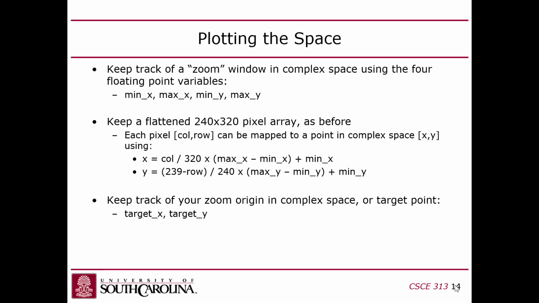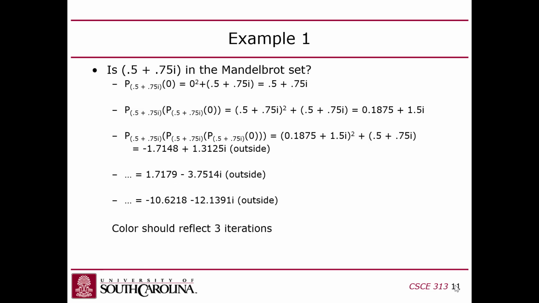Make sense? Okay, so then you might say, well, how do I figure out max x and min x and max y and min y? That is going to be calculated in terms of your target. So you're going to pick a point to zoom in.